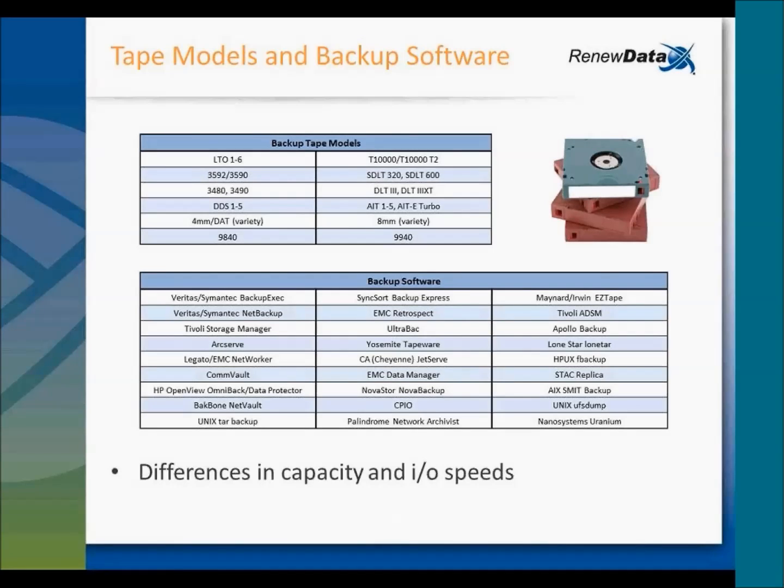One quick example, if you look at an LTO6, which is kind of a more modern tape, tape can hold over 6 terabytes of compressed data. If you compare that to a DLT4, which was popular around the turn of the century, that tape can hold roughly 160 DLT4s on one LTO6.